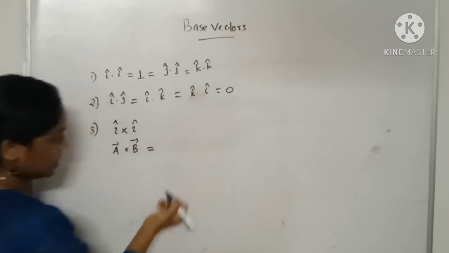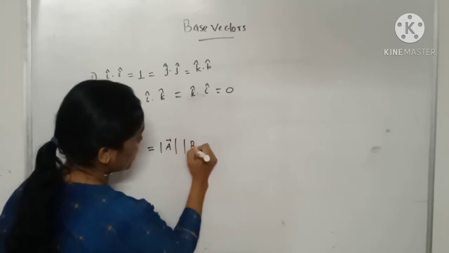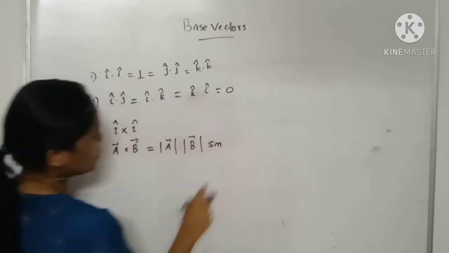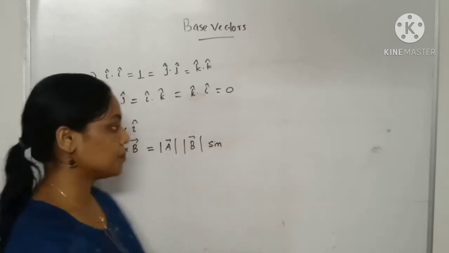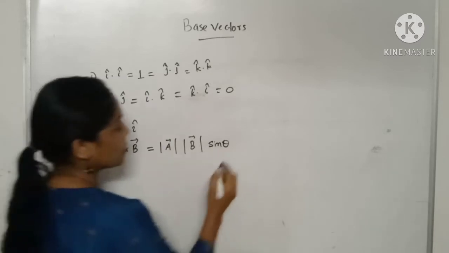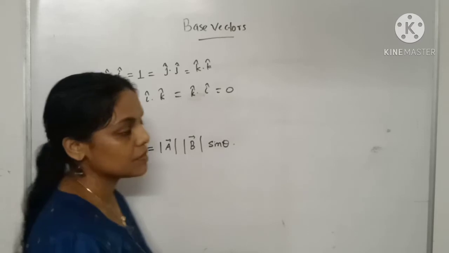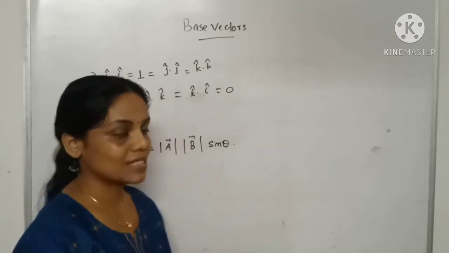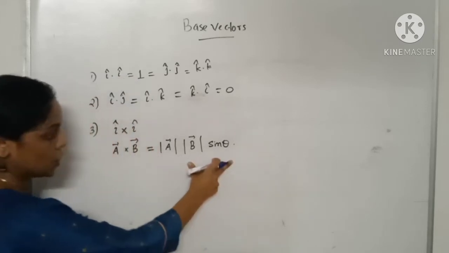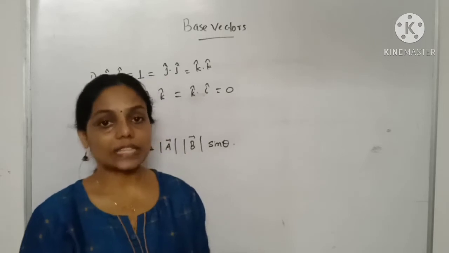A cross B is equal to modulus of vector A into modulus of vector B into sine theta, where theta is the angle between A and B. This is a vector quantity. The cross product between two vectors is another vector quantity, and its direction is perpendicular to both A and B.